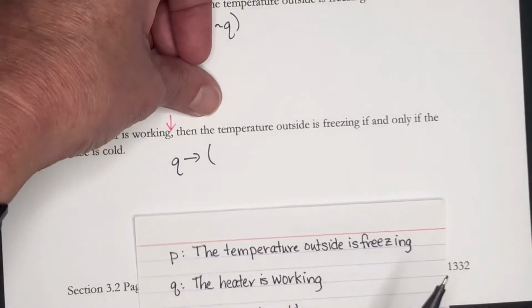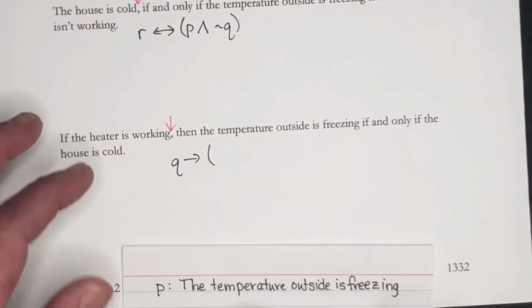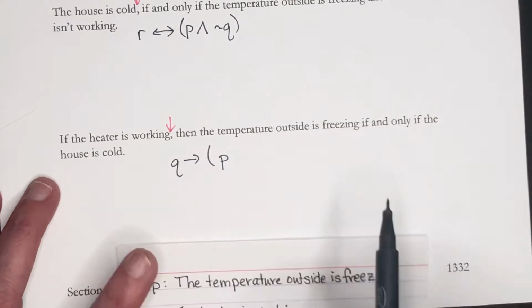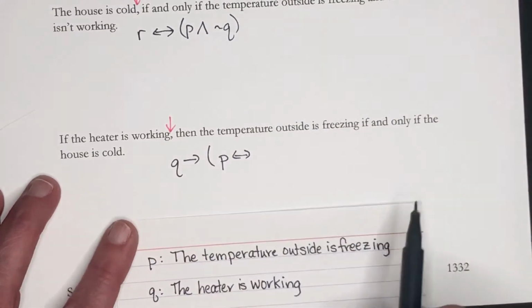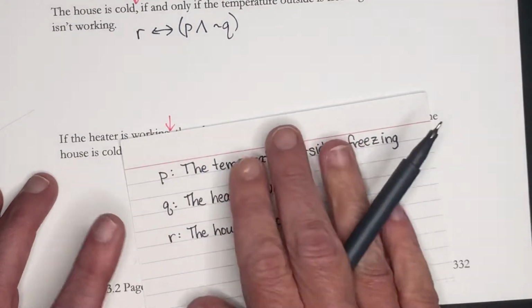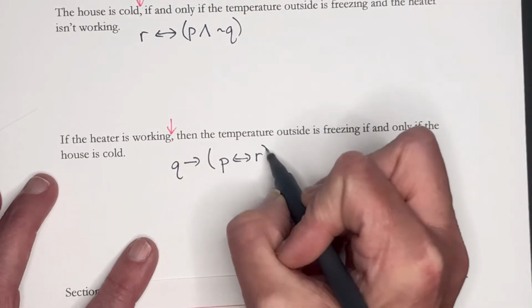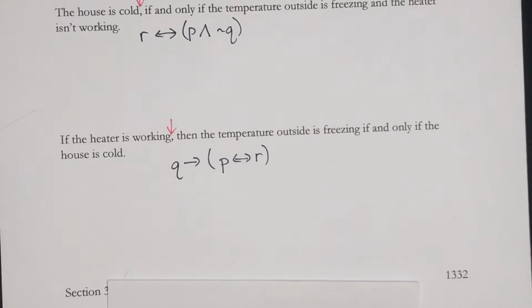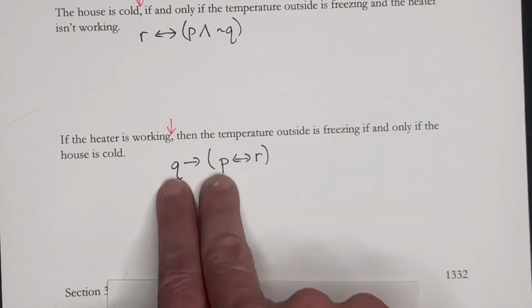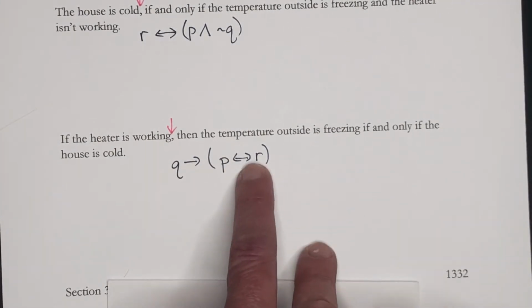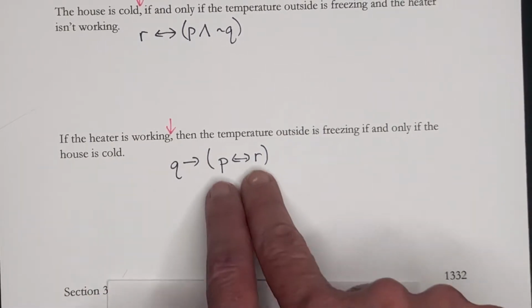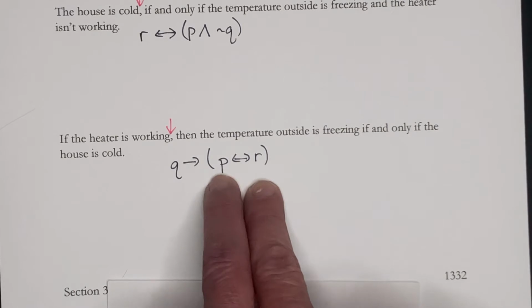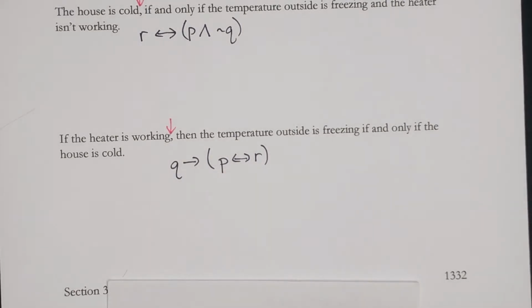The temperature outside is freezing, that's P. If and only if the house is cold. So that would be R. Now, you might be wondering why I didn't put the parentheses around these two when I had a double arrow right there. And it has everything to do with the fact that this comma told us that this part should be done first. So it just gives us a little bit more information.